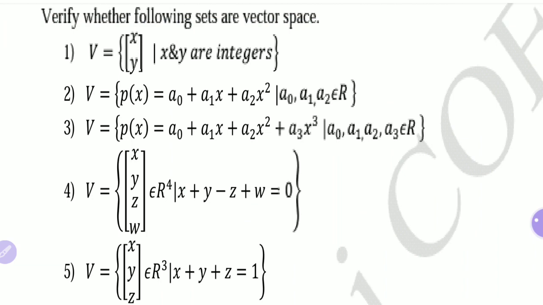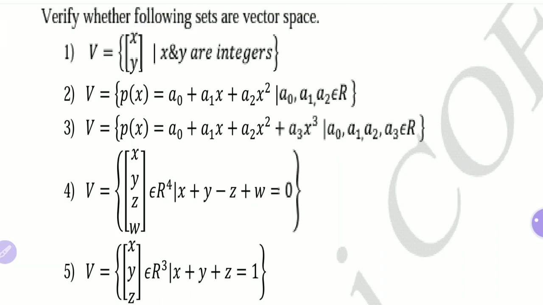The first example is V equal to (x, y), where x and y are integers. It will satisfy all the conditions of addition, because addition of integers is again an integer.